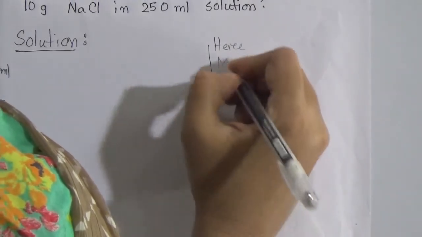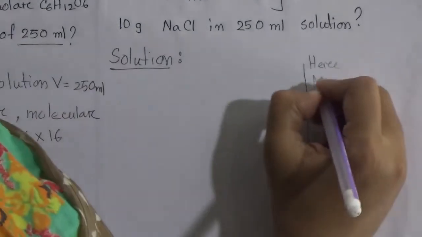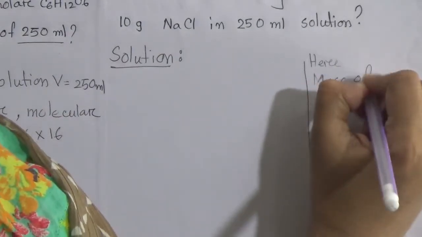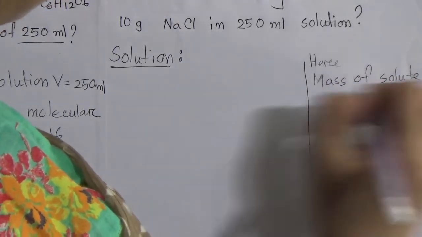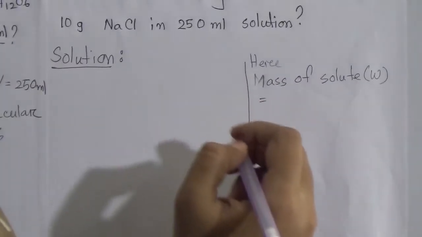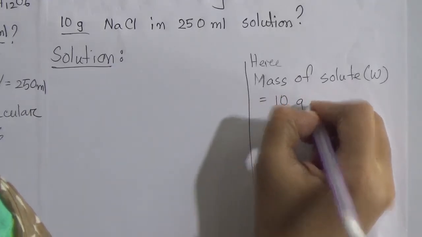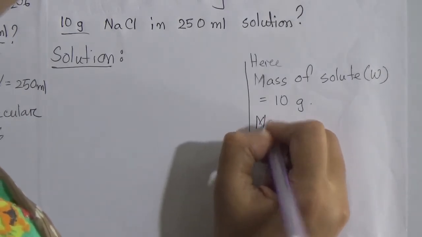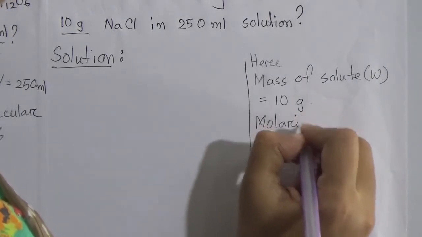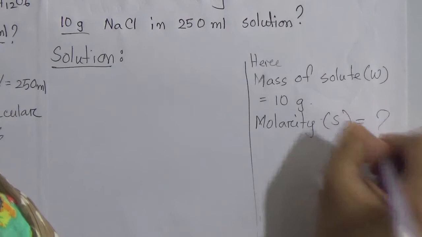Now here mass of solute, that is W, is equal to 10 gram. There is written 10 gram. And next one is molarity, that means S, that we have to find out.